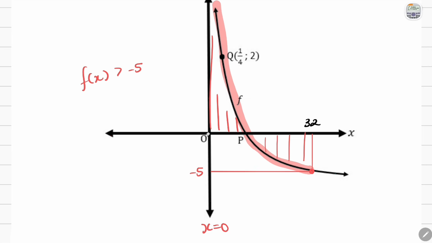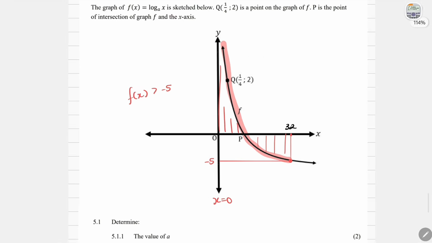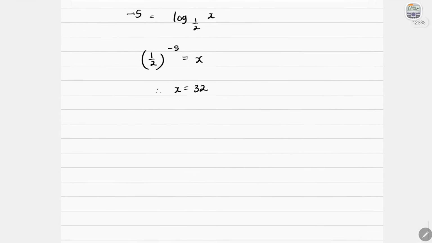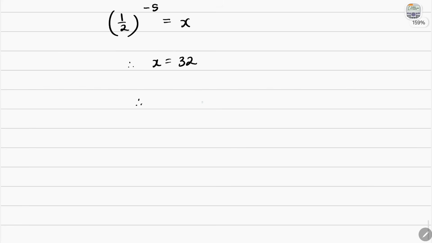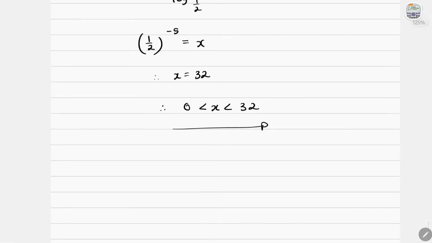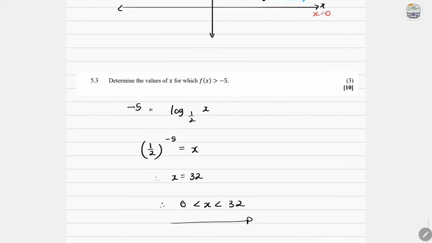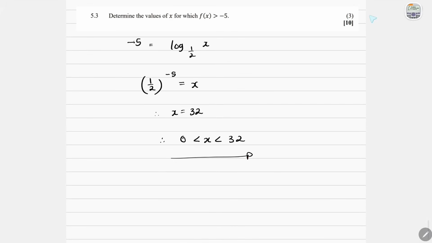These are values that are greater than 0, but less than 32. And that is our answer. So finally just tell them that this means that x is greater than 0, but less than 32. And that is our answer. Okay, and that is it for question 5.